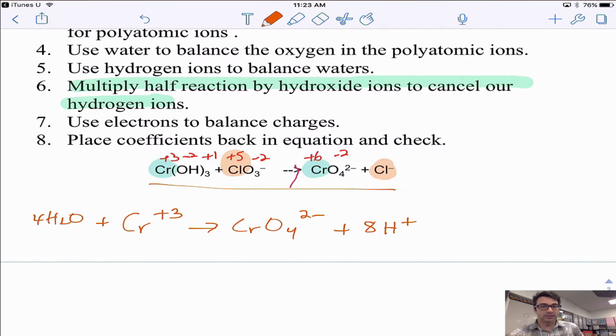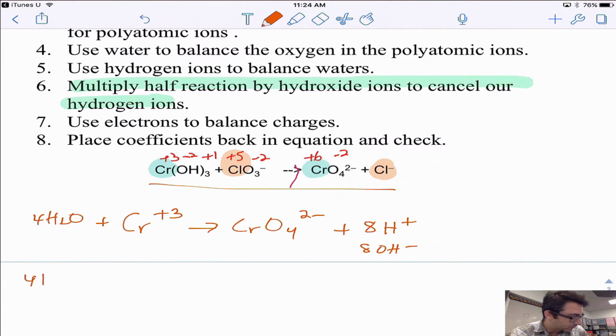Now I could put in electrons now, or I could wait. It's really up to you. You'll get the same number of electrons whether you do the hydroxides first or whether you do them later. So we can do the hydroxides next, since that's step number 6 up there. So now I would add 8 OH minuses to each side. And what I would get is this.